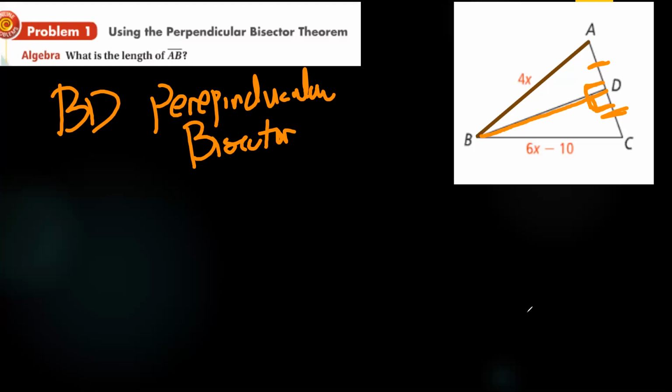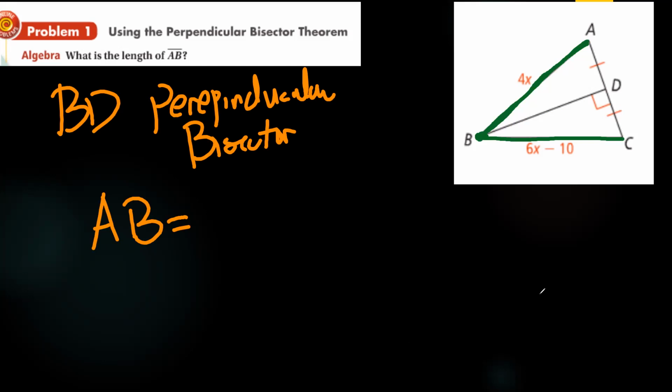So since it is perpendicular and cuts it into two equal halves, what can I conclude? That the point on this bisector will have an equal distance to the two endpoints. So AB equals BC. Bravo. 4x equals 6x minus 10.